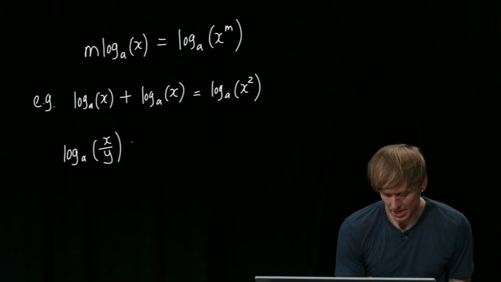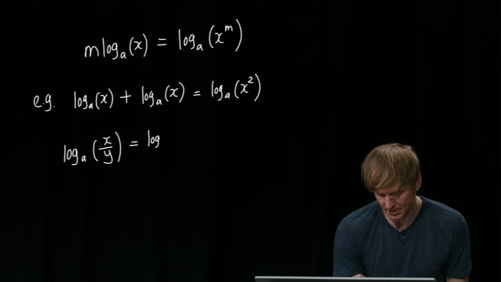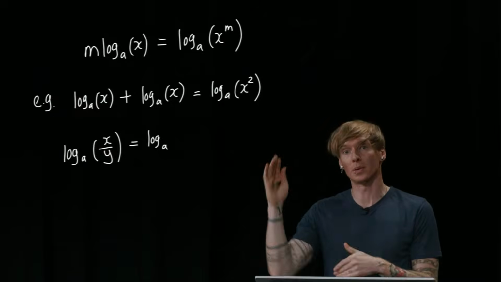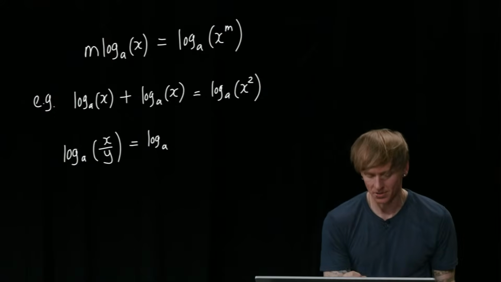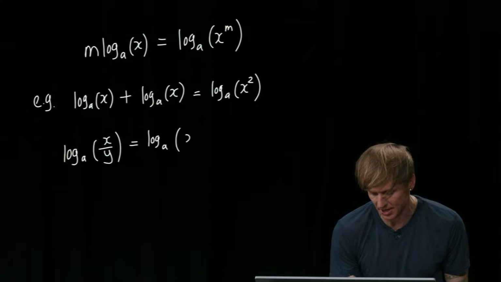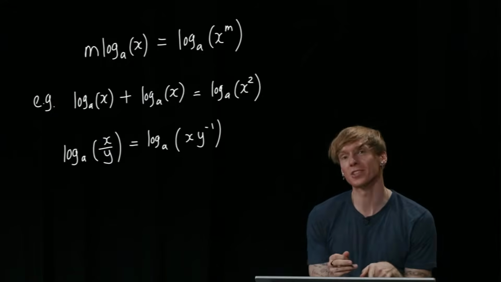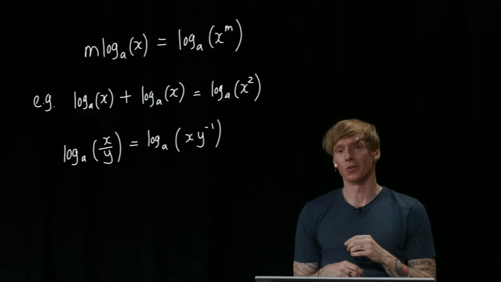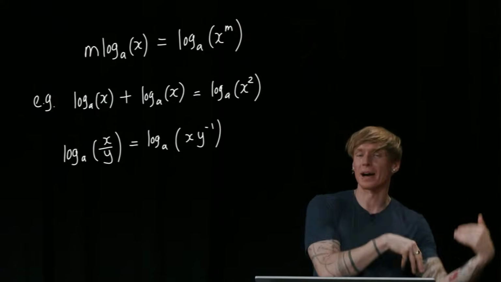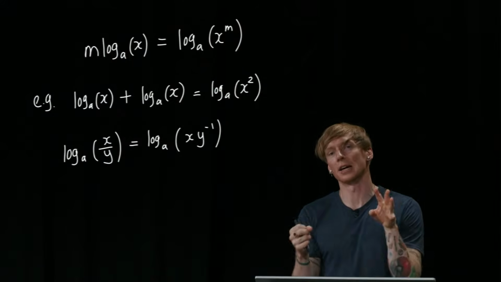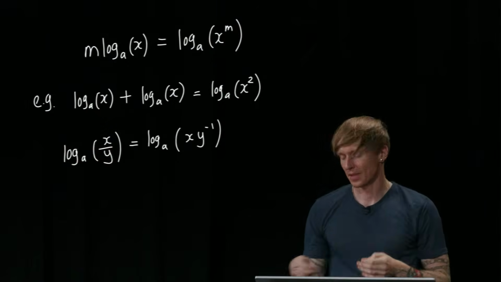So what we just do here is we rewrite the y on the bottom as a -1 power. So again, we convert it using what we know about exponents, and we say that's x, y to the minus 1. And now using the rule at the top of the screen, that third law of logs, we can then bring down the -1 and then use the result we had earlier and separate it up to get that subtraction.